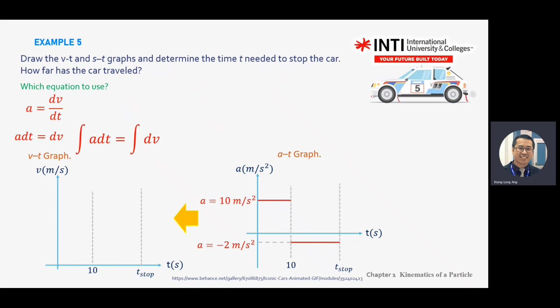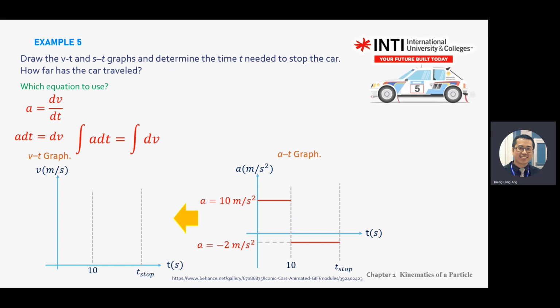So you integrate. When you transform the AT graph to velocity VT, you use the definition of acceleration. You write it into the integration. This is important. You need to show this working in your solution when it comes to test or final exam. So this one on the left-hand side means a dt, you take the area under the graph, a multiplied by dt.